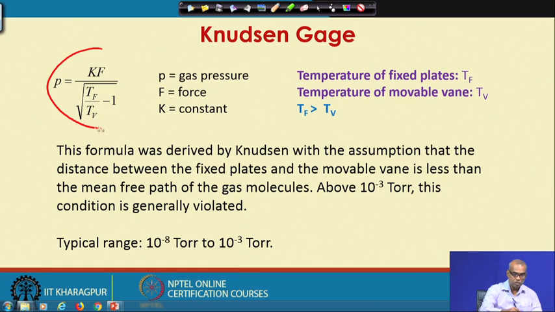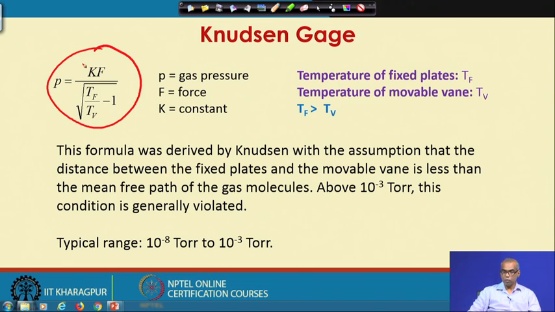This formula, which can be used to measure the vacuum from known temperature of fixed plates and movable vane and the force, was derived by Knudsen. This formula was derived by Knudsen with the assumption that the distance between the fixed plates and the movable vane is less than the mean free path of the gas molecules.